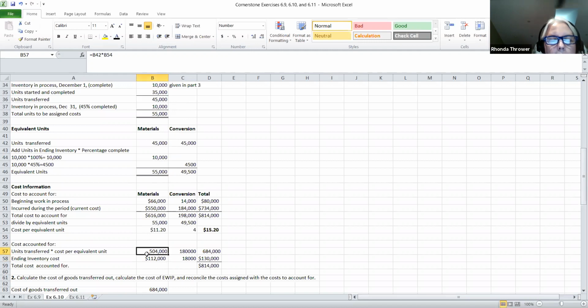So again, this 504,000 is found by taking our units transferred for materials times the materials cost per equivalent unit.